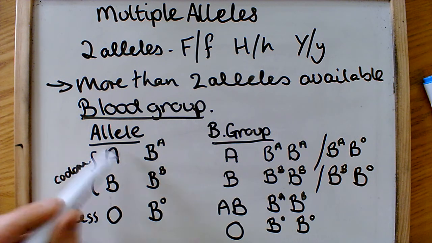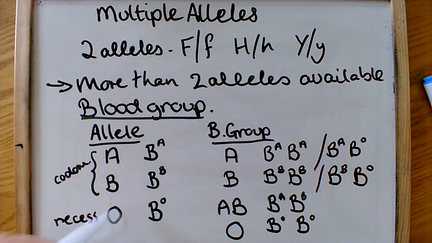But for blood groups, we've got a pair that are co-dominant and one that is recessive. Okay, so if we're looking at any inheritance of characteristics where multiple alleles are involved, you've got to look and see which one is the most dominant and which one is the least dominant or the most recessive. Okay, and there are exam questions that are linked directly to this. That's basically how it works though.